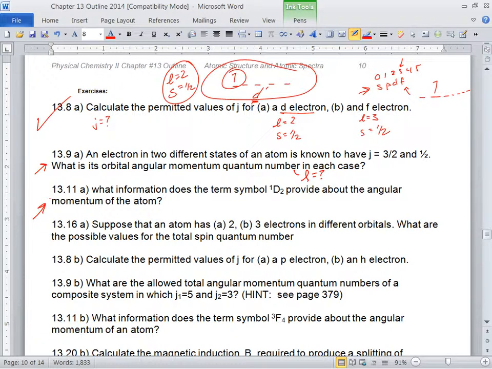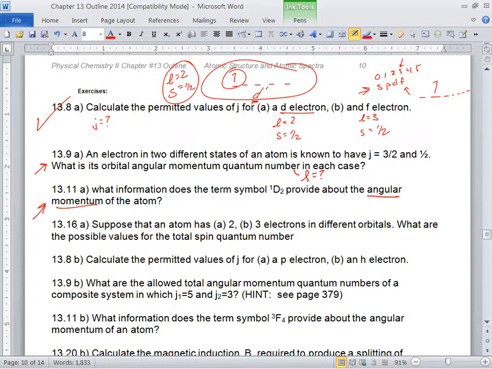And 11. What information does the term symbol provide about the angular momentum of the atom? So what are they asking for now? That's different than what they said in 9. The L value?